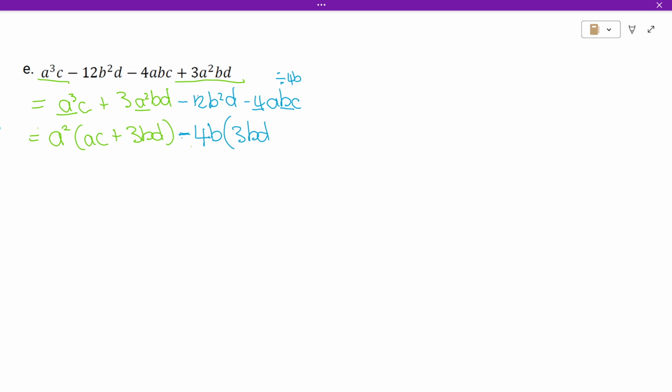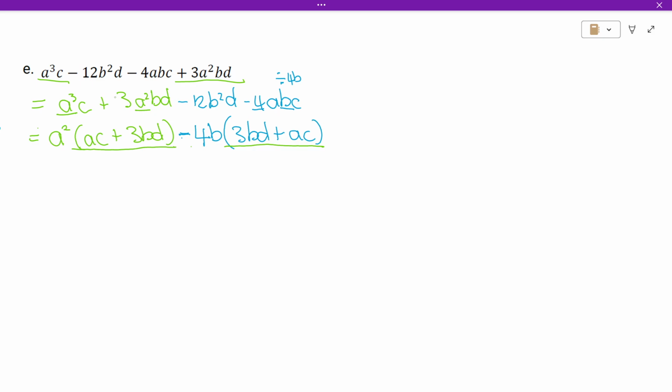And then the second term will also be positive. Okay, and that's going to be minus 4abc divided by 4b, which gives us ac. Now, I don't know if you're seeing what I'm seeing, but I'm seeing that we have a common bracket over here. Doesn't matter that the terms are switched around, they have the same sign in front of them.